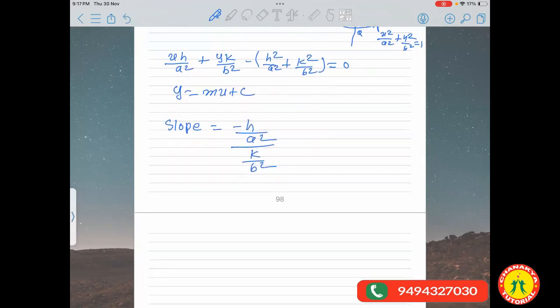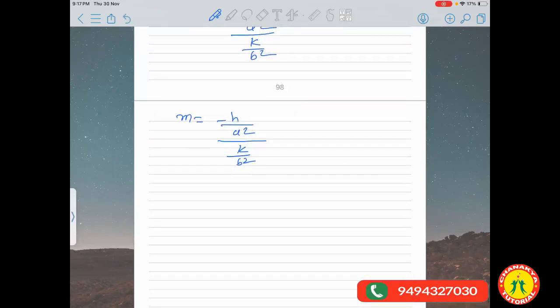What will be the slope of the line? So we can write slope, that is m, is equal to minus h by a square upon k by b square. So m is equal to minus h b square upon a square k.